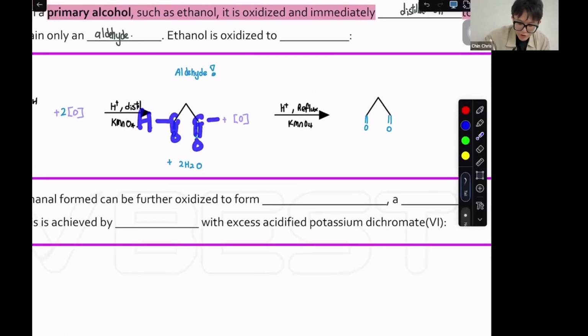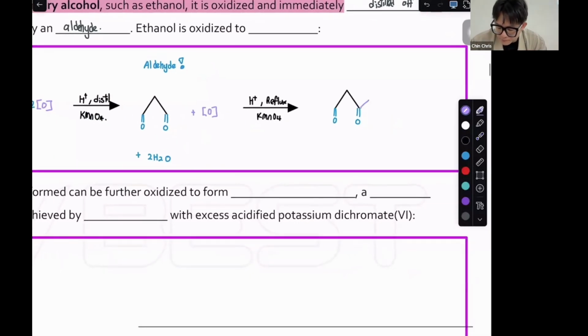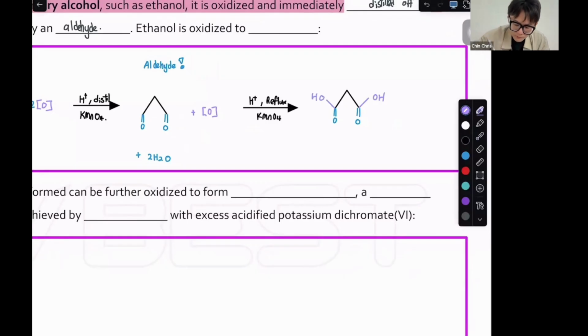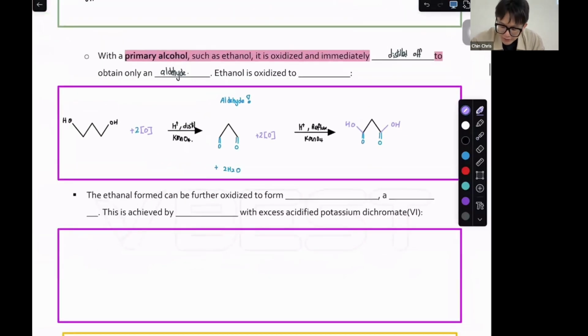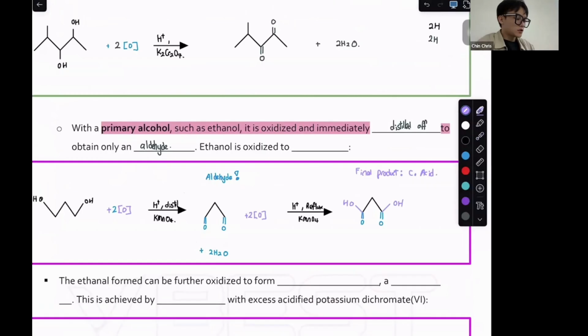What I'm going to do is add one O in between the C and the H. So it's going to turn into a carboxylic acid. That's it. So the final product is a carboxylic acid. Understand or not? Let's go.